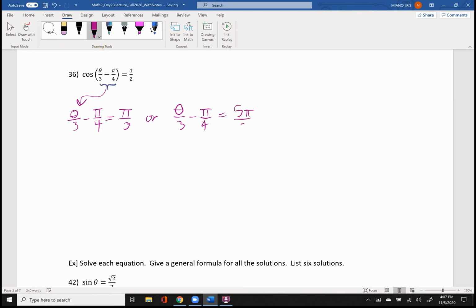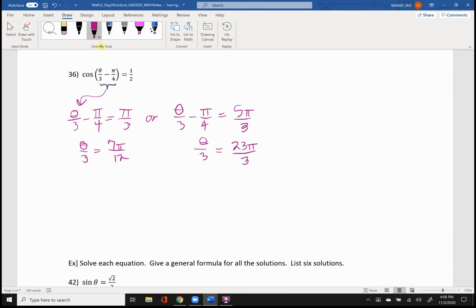And then you have 2 equations to solve. So solving them simultaneously, let's add pi over 4 to both sides. You'll need to get common denominators, and you'll end up getting on this side theta over 3 equals 7 pi over 12. And theta over 3 for this side equals 23 pi over 12. You can trust me or do the algebra yourself.